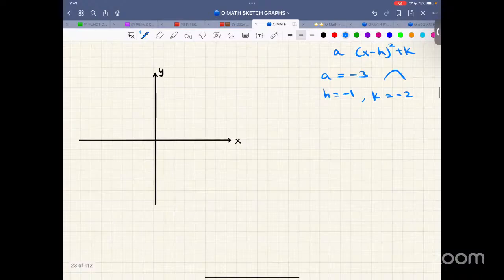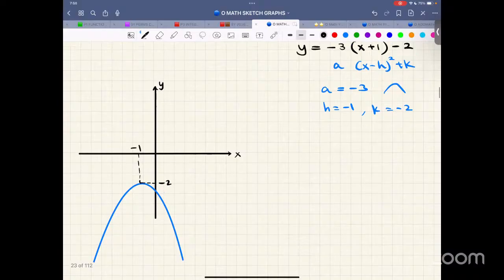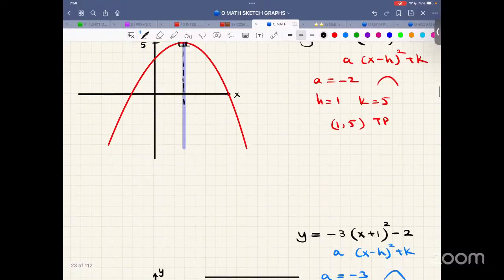So now negative 1, negative 2, this is negative 1, this is negative 2, like this and like this. So therefore, the graph goes like this. Let me draw it like this. Okay. So now this is negative 1, negative 2. So this is negative 1. This is negative 2, and it's gone like this. So completed square sketching is also done.